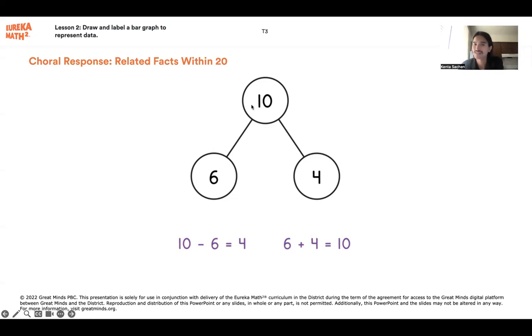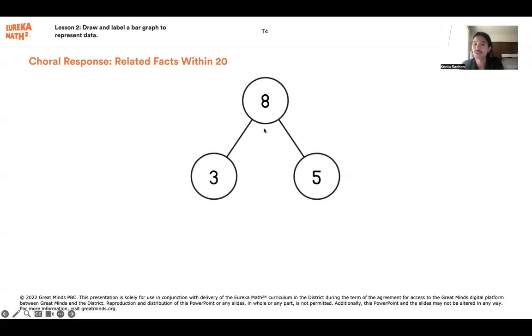Instead of 10 minus 6, I'm going to do 10 minus 4. 10 minus 1, 2, 3, 4. I'm left with 6. 10 minus 4 is 6. Now, what is another addition problem I can write? Very good. 4 plus 6 is equal to 10.